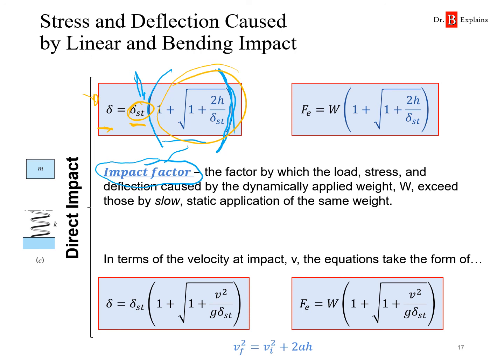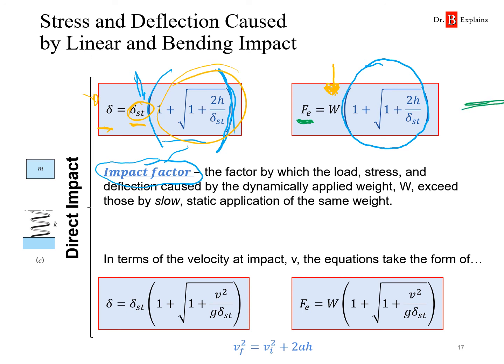Similarly, I can multiply the weight of that initial mass that is hitting the structure by the same impact factor, and this is going to give me the equivalent static force that I would need to apply to cause the same deflection as the impact load.